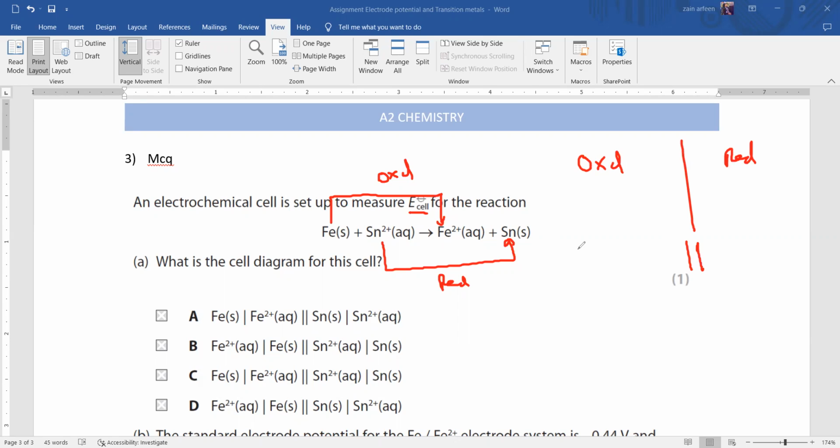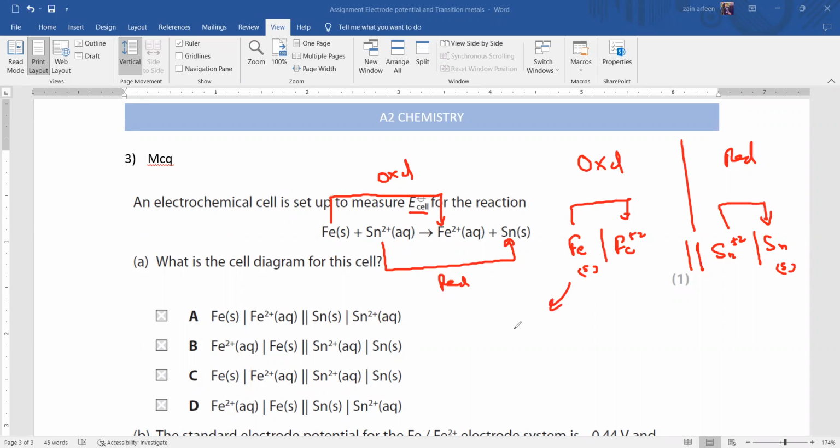So what happened on the left hand side? On the left hand side, the iron, which is solid, will turn into iron 2+ in solution. What electrode do we have, and what is the electrolyte? Then on the right hand side, tin is there, and the electrode should also be made up of tin, with tin 2+ ion as the electrolyte. Here, iron turns into iron 2+ and tin ion turns into tin atom.